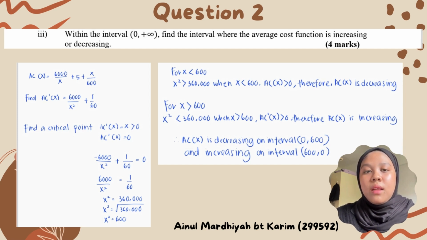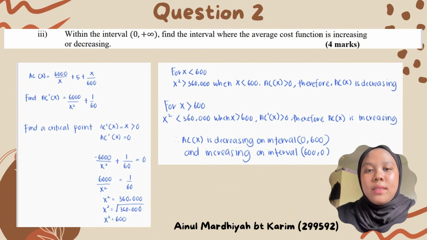We find that for x less than 600, AC prime x is less than 0, indicating AC(x) is decreasing. For x more than 600, AC prime x is more than 0, indicating AC(x) is increasing.